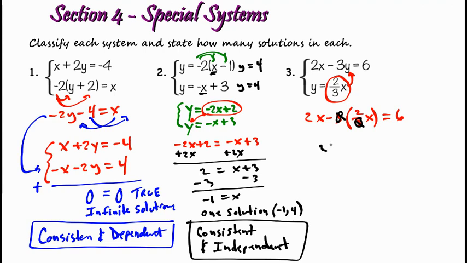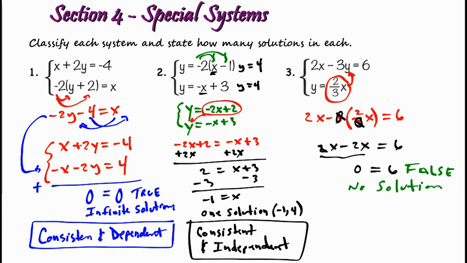This leaves us with 2x minus 2x equals 6. And we see that 2x minus 2x becomes 0 equals 6. This is a false statement, which means there is no solution, and that this system is inconsistent.